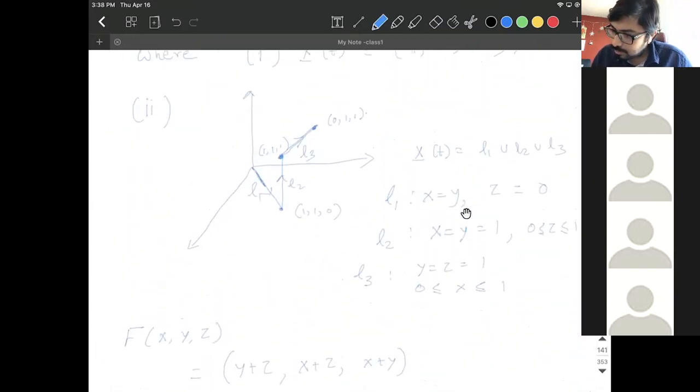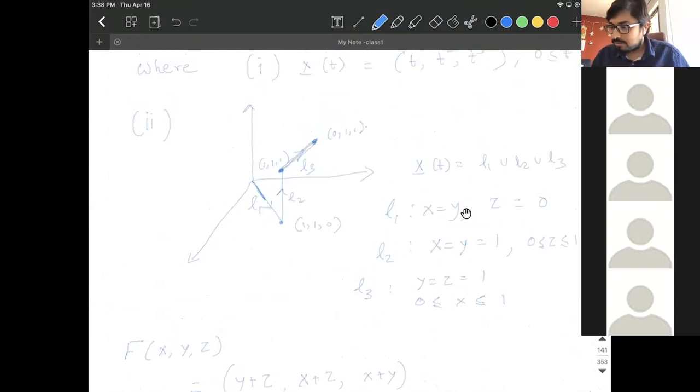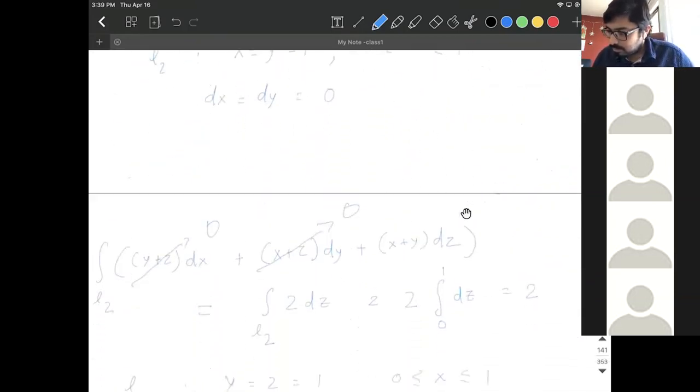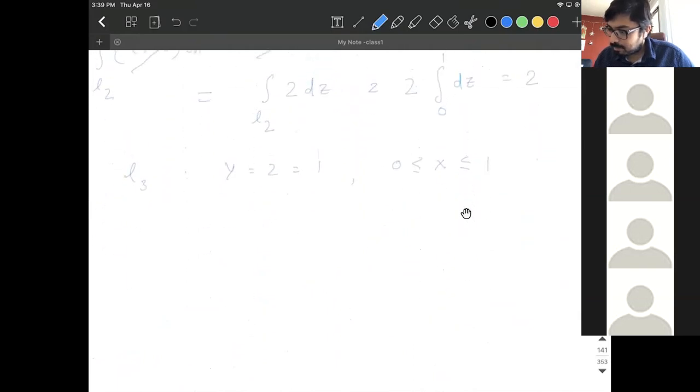If you see the picture here, on L3 the particle actually moves from position 1, 1, 1 to 0, 1, 1. So the x coordinate actually varies from 1 to 0, not the other way around. So you have to keep that in mind while doing the integral.